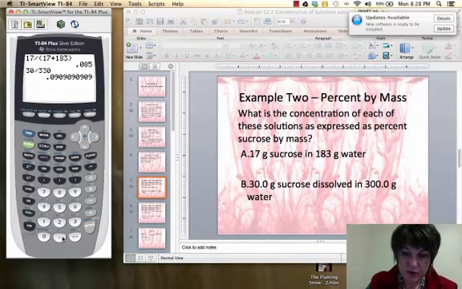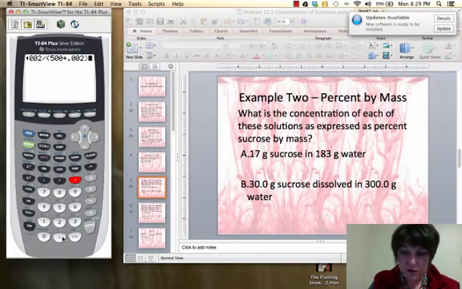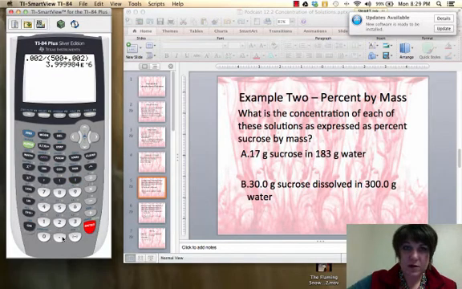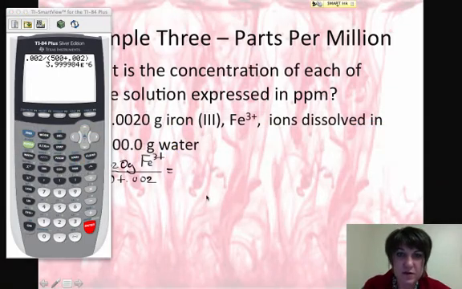So I take 0.0020 divided by the whole amount plus 0.002, close the parentheses on the denominator, and I get this decimal 3.9999999. Let's round that to 4.0 times 10 to the minus 6.